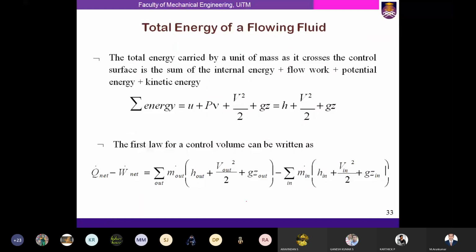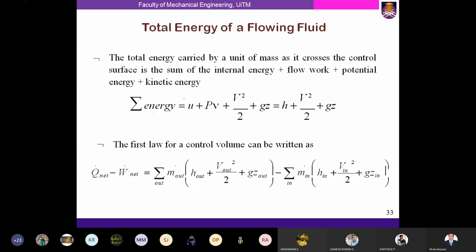For a control volume process, the total energy of a flowing fluid can be calculated by the use of the energy equation again. The total energy carried by a unit mass as it crosses the control surface is the sum of the internal energy plus flow work plus potential energy plus kinetic energy, like our energy equation.